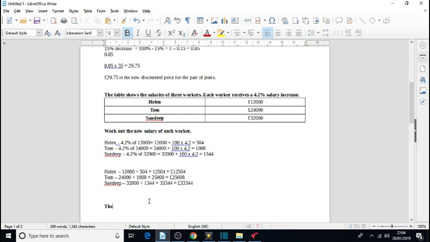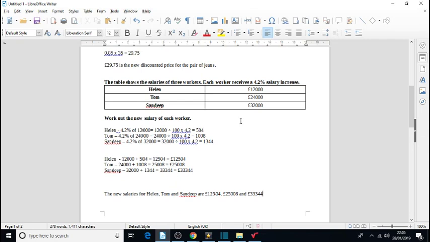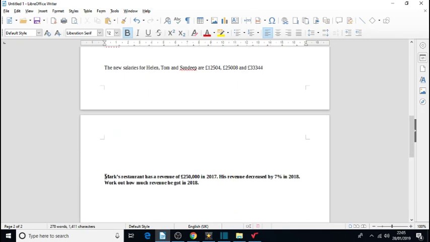So the new salaries for Helen, Tom and Sandeep are 12,504, 25,008 and 33,344 for Sandeep. And there you've worked out the new salaries and you've used another step on how to work out a percentage increase. Let's move on to the next question.